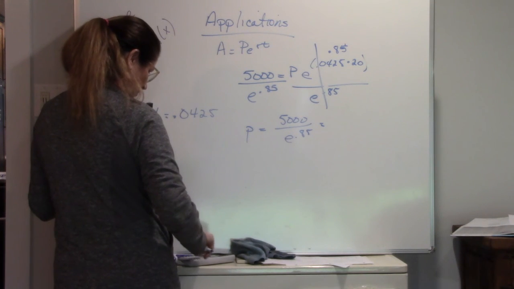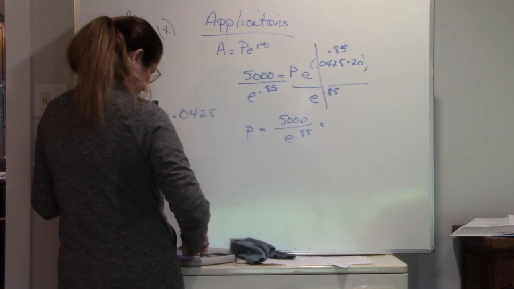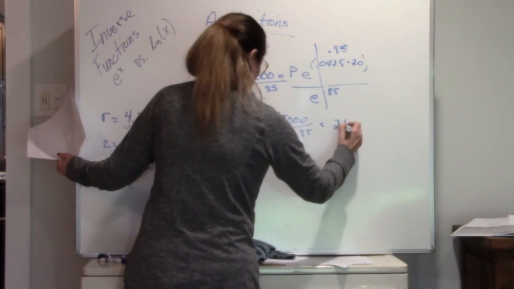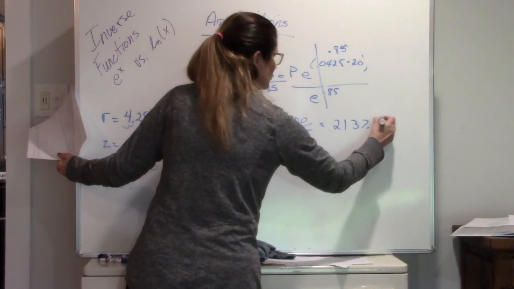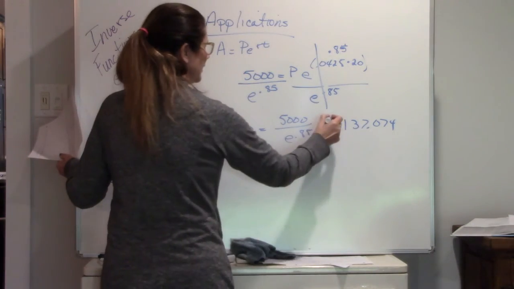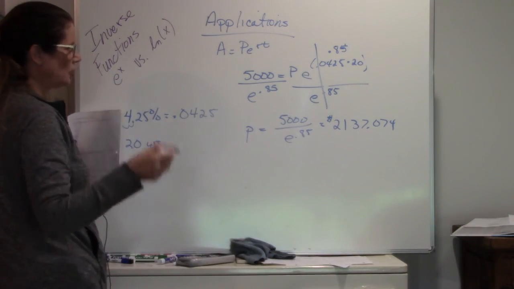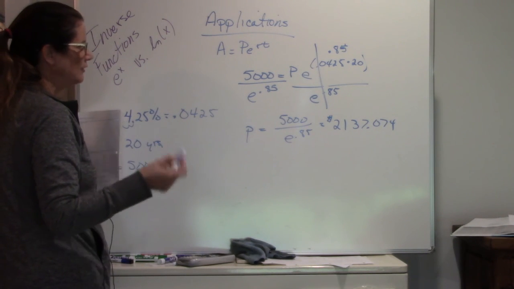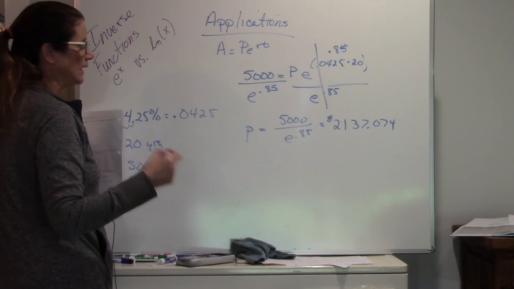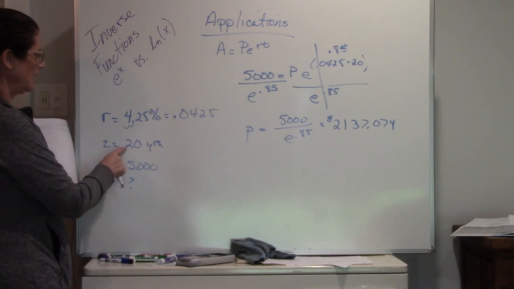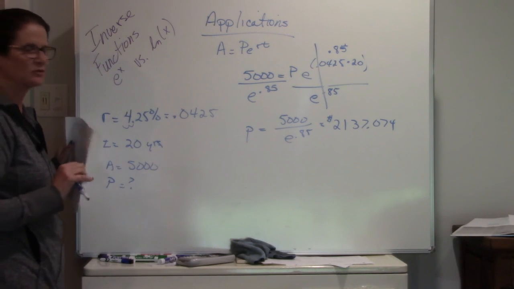Use your calculator. And I get 2137.074. Again, what does my answer mean? This is the amount that I need to start with. I need to invest my beginning amount in order to have $5,000 in an account for her nephew 20 years later.